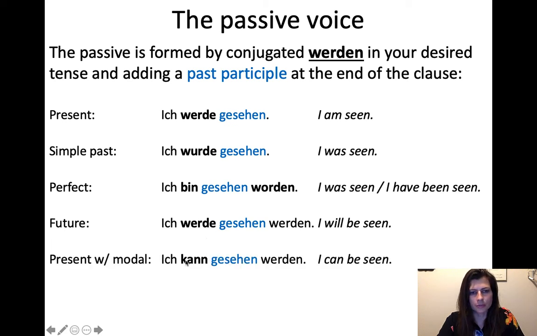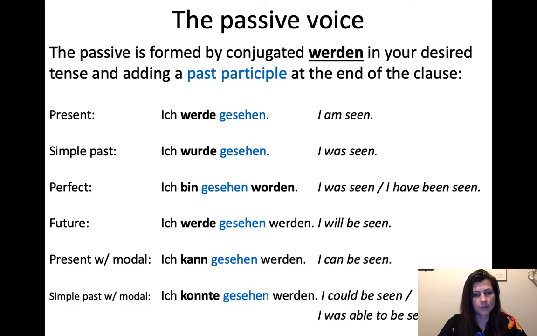And then present with a modal, so we have ich kann gesehen werden, I can be seen. Werden is kind of the equivalent of be in this case. And then we can do the simple past with a modal as well. Ich konnte gesehen werden, I was able to be seen, or I could be seen. So you see what's happening with werden is we're just changing werden to all of the different verb tenses you can do werden with.